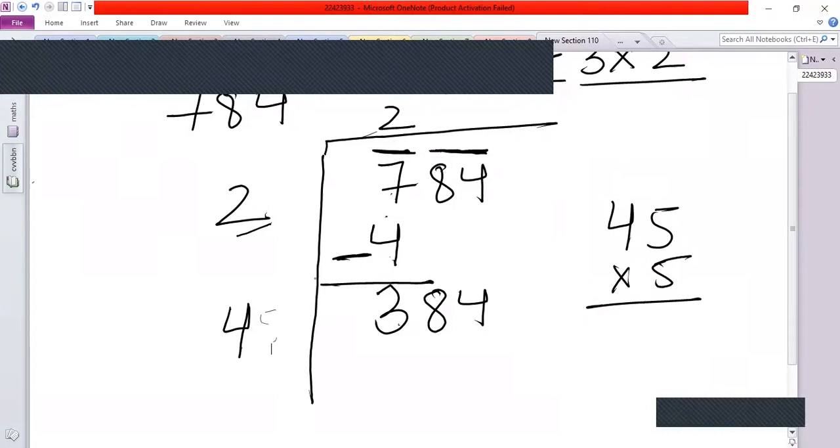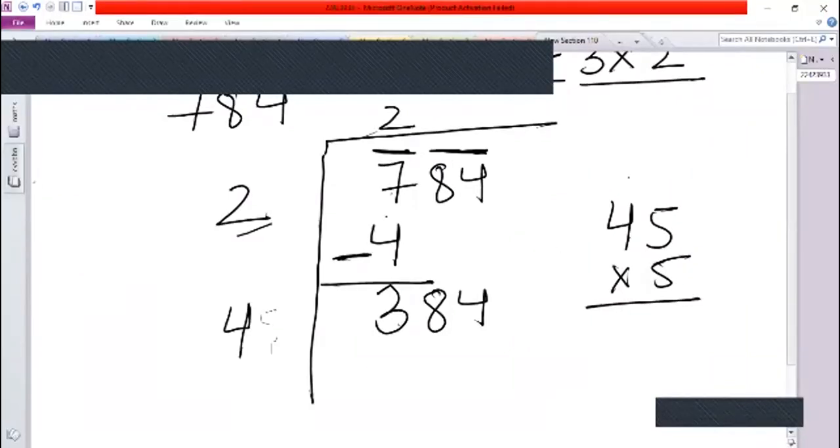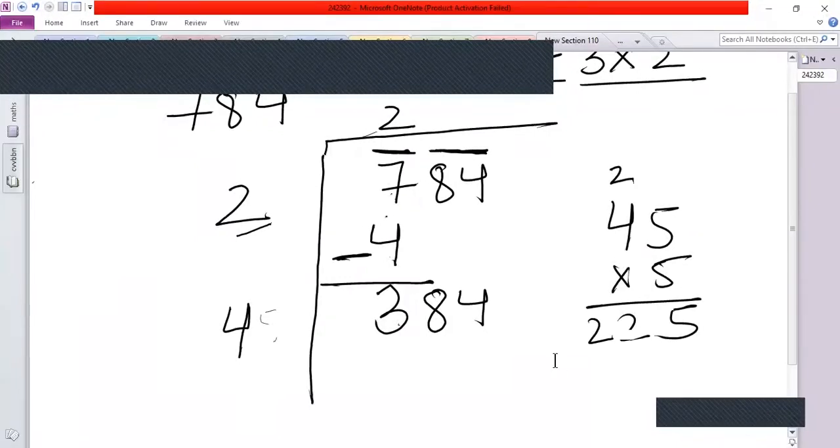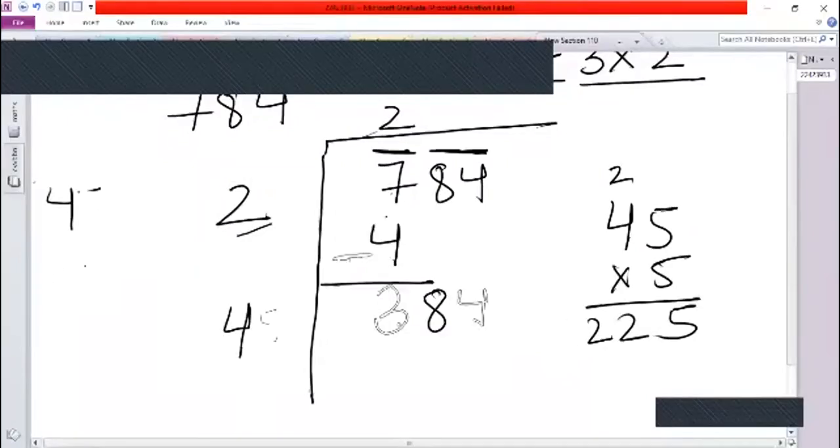So the long division is based on filling with the same digits. 45 into 5 is 5 fives are 25, 225. It's too small. We can try 46 into 46 also, or 47 into 47. 7 sevens are 49. 7 fours are 28, 28 plus 4, 32.